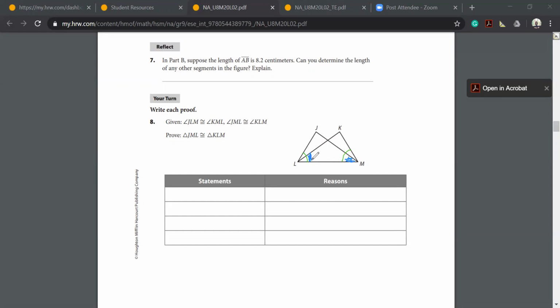Okay, so the givens are that the big angle is equal to the big angle and that the small angle is equal to the small angle.